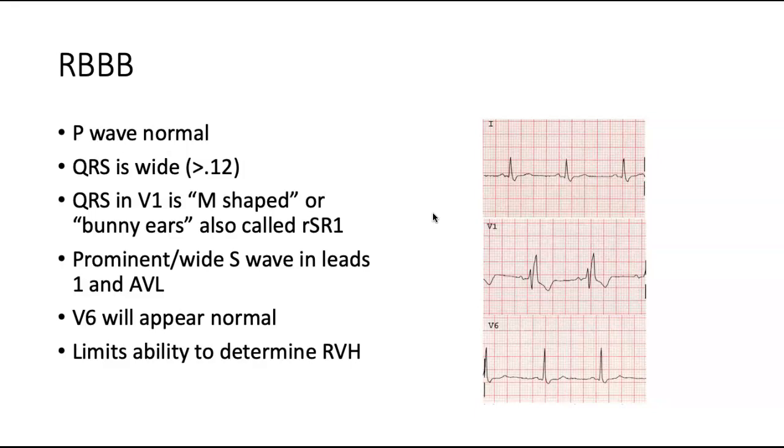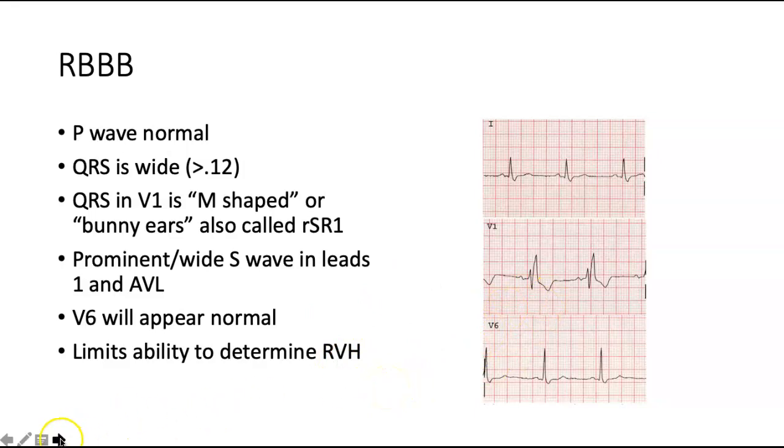A QRS in V1 appears to be M-shaped or bunny ears, also called R prime, and that's what the RSR prime means. Prominent or wide S wave in leads 1 and AVL. V6 will often appear normal. Having a right bundle branch block can limit the ability to determine right ventricular hypertrophy, as well as STEMI in some cases.